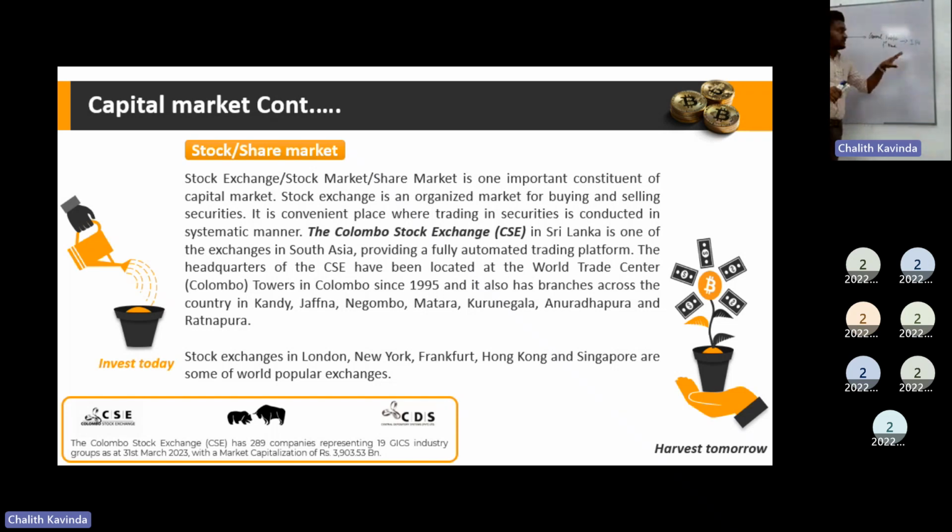So let's say the number of shares is 1 million and the price is 10, they are going to get 10 million worth of shares. This is the first time a company is going to issue its shares to the general public, and the process is known as public offer or initial public offering.